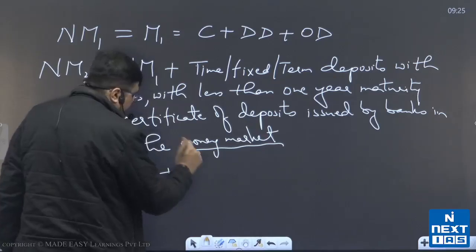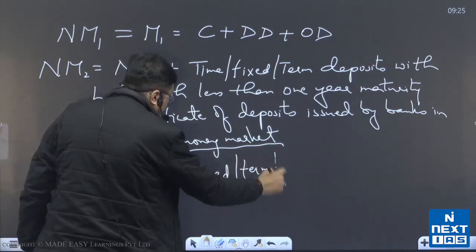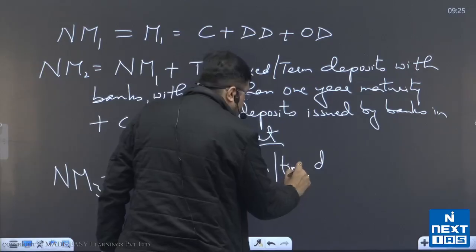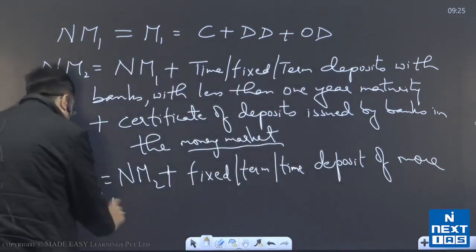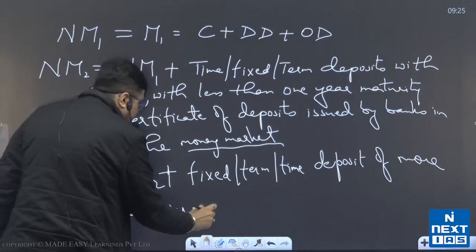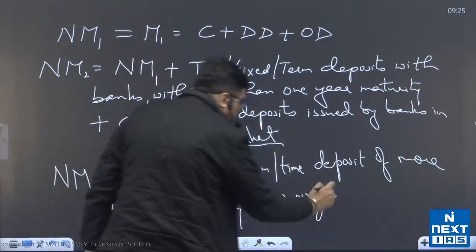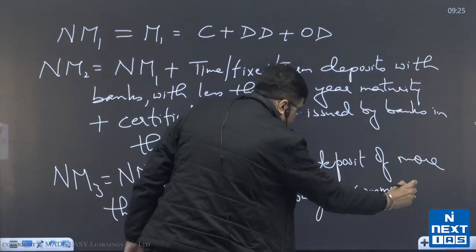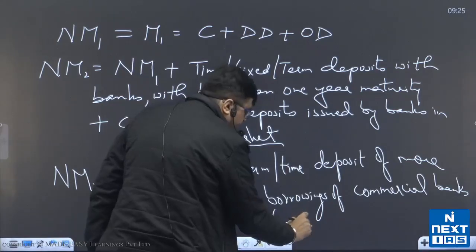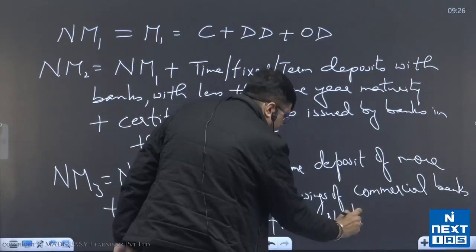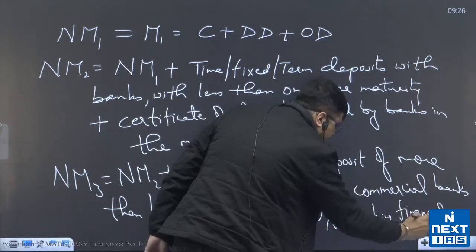Alright, so NM3 is NM2 plus fixed or term or time deposit of more than 1 year maturity, plus borrowings of commercial banks from non-banking financial companies.